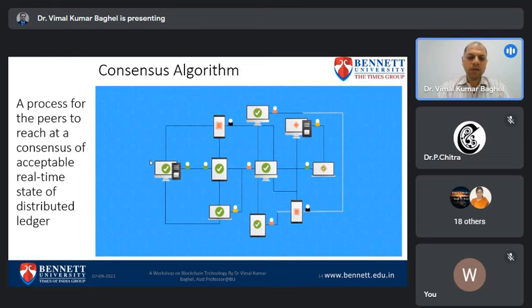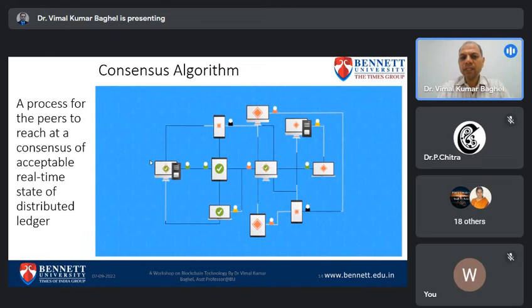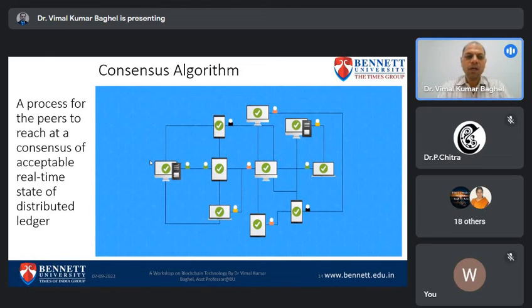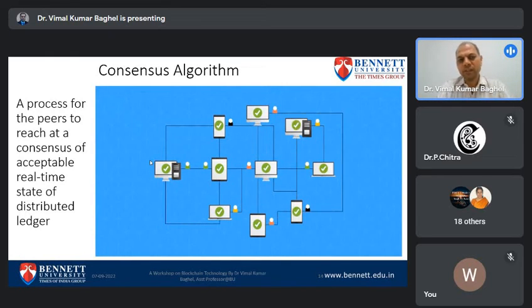Whenever there is a need to establish consensus over a transaction, we have to run a consensus algorithm like proof of work or proof of stake.